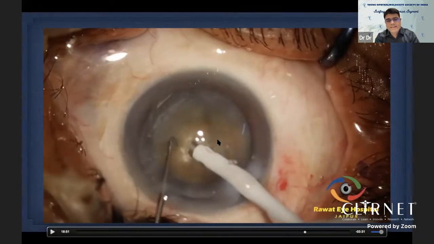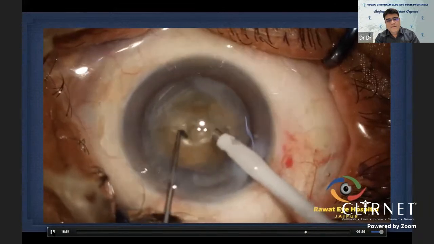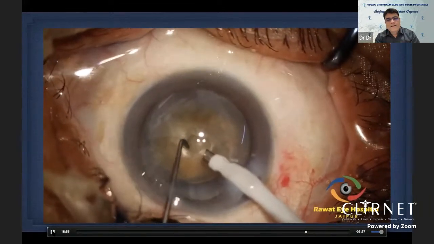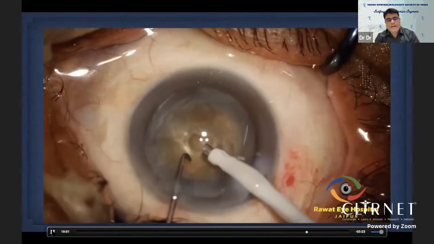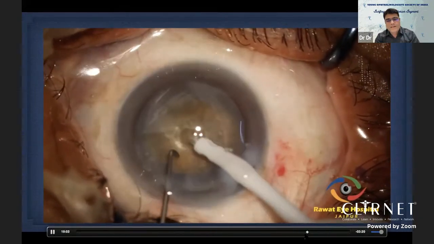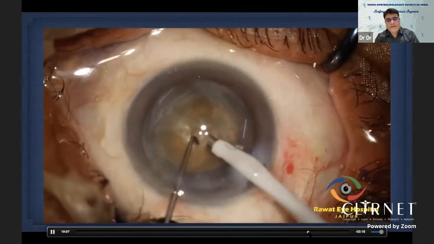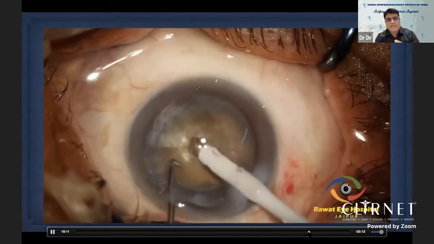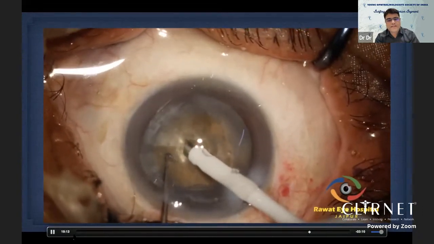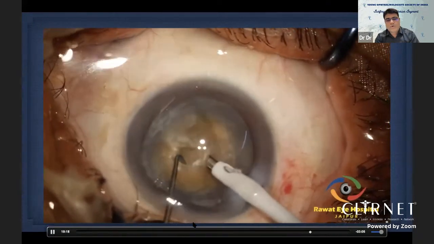I suddenly realize that the lens is tilting on this side. So I thought, okay, let's try to chop again. Because I didn't do any hydrodissection, I was not expecting anything, but see what suddenly happens. The nucleus is tilting more.